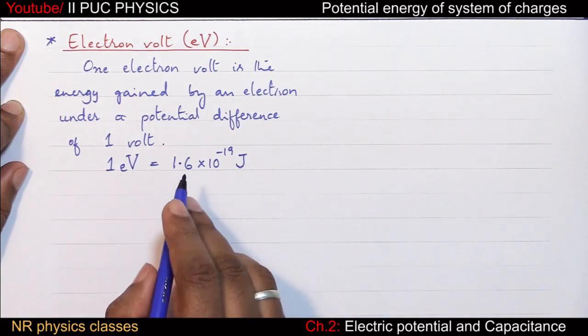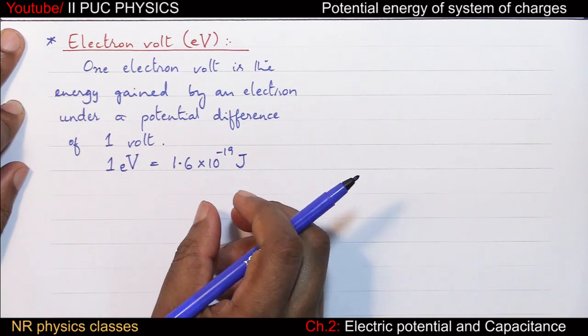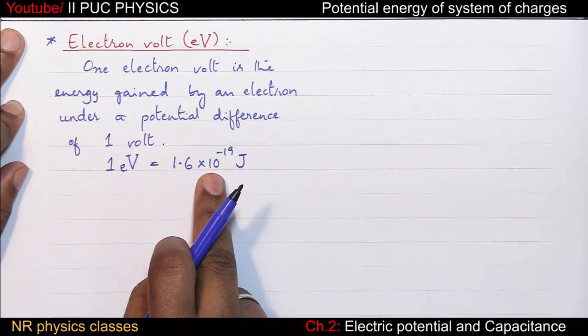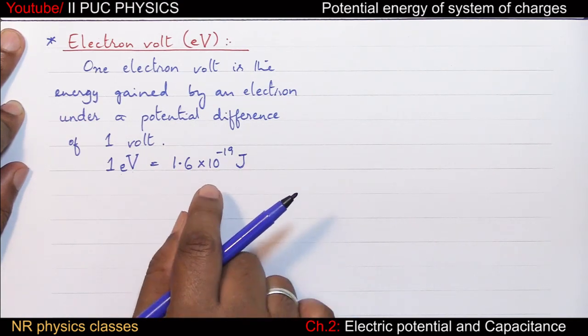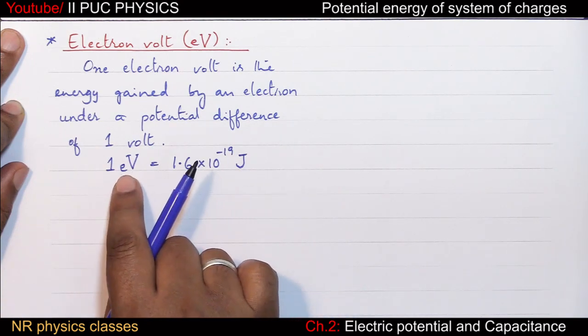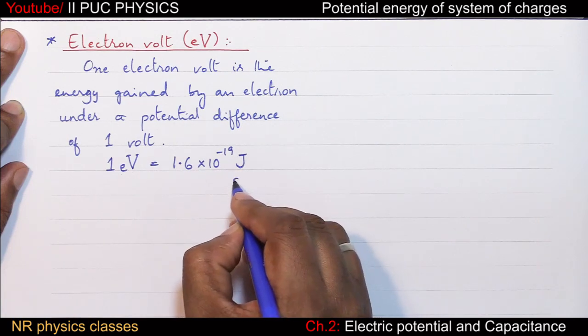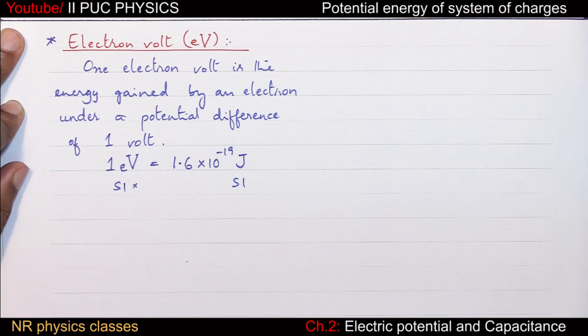So this is a very small energy. Usually in atomic physics and nuclear physics, energies associated with particles are very small. So such energies are represented in terms of electron volt. SI unit is joule, and electron volt is not the SI unit of energy. It is just a unit of energy.